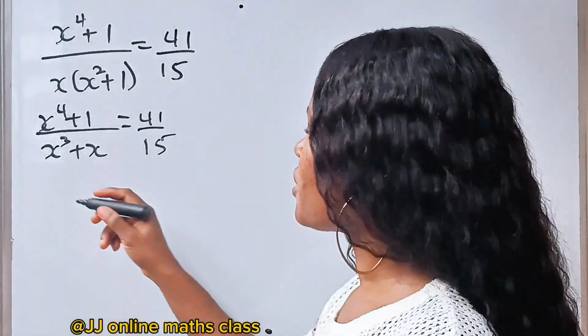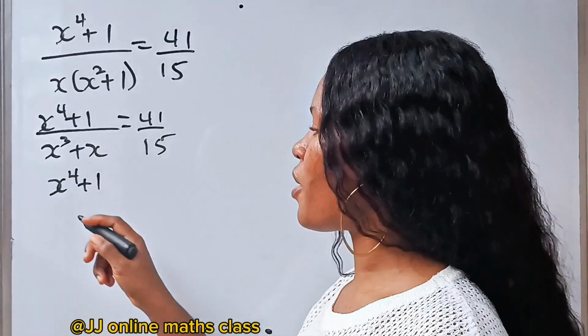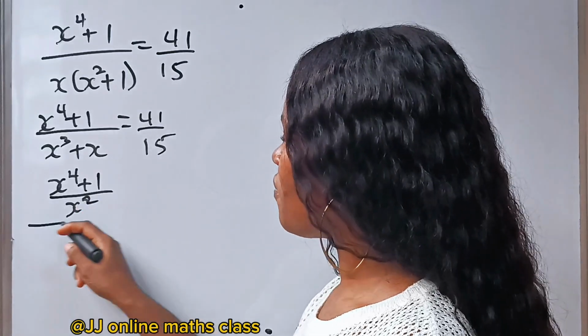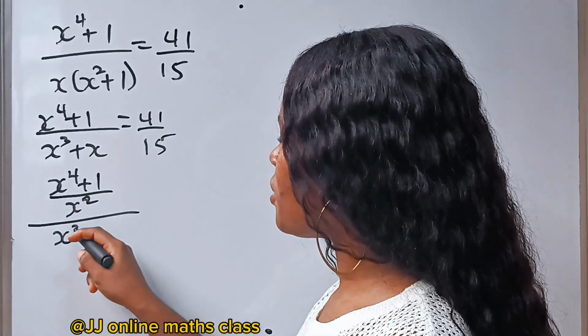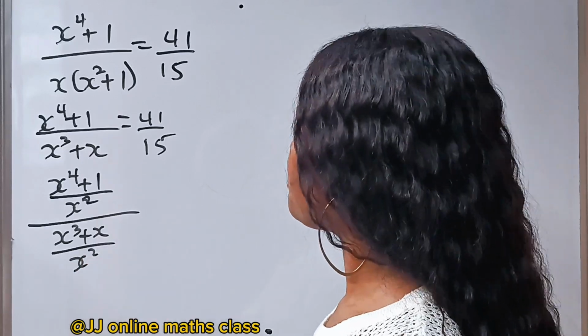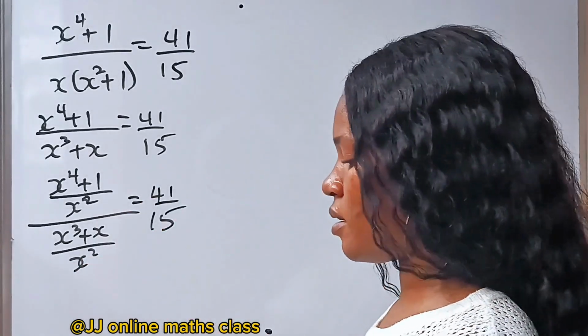We have x to the power of 4 plus 1 as the numerator, and let's divide it by x squared, divided by x to the power of 3 plus x, which we also divide by x squared, is equal to 41 over 15.